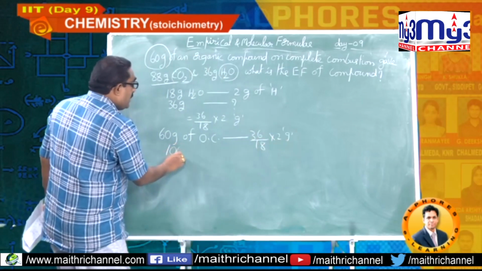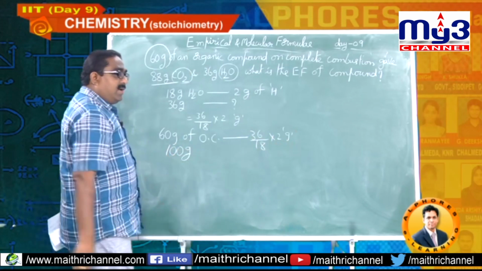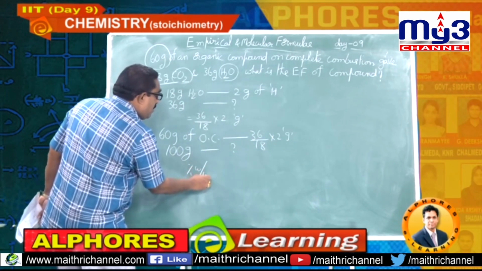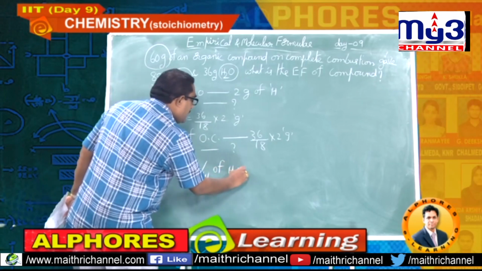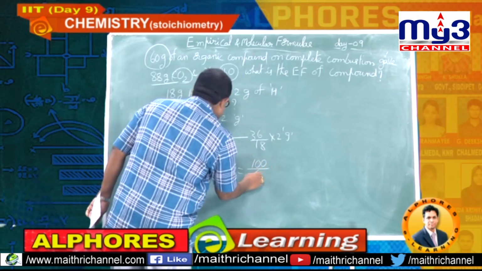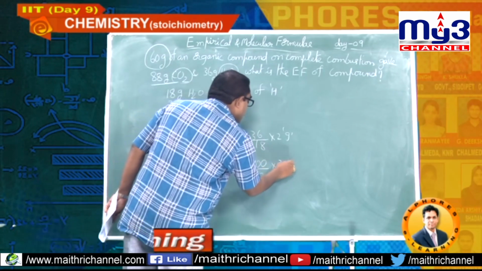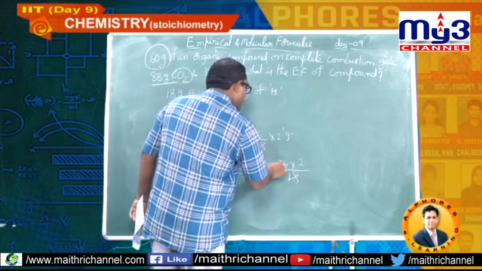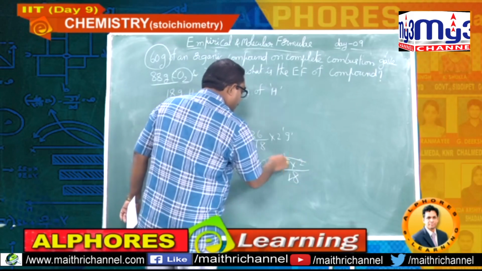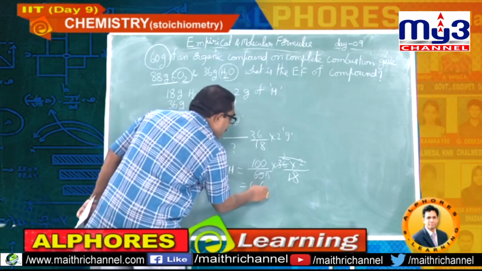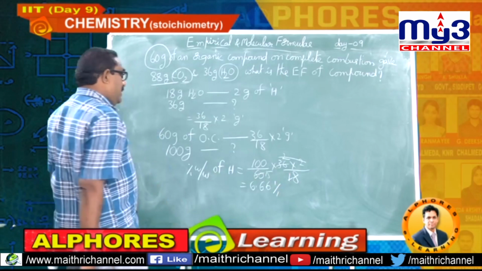But for calculating the mass percent of hydrogen, we have to take 100 grams. Here the mass percent of hydrogen is equal to 100 by 60 into 36 into 2 by 18, that is 100 by 15, which is 6.66%.